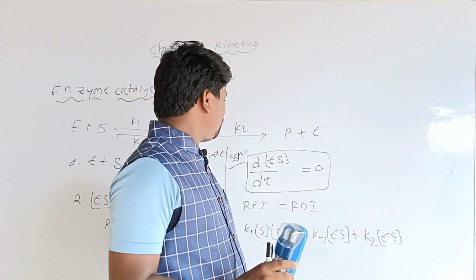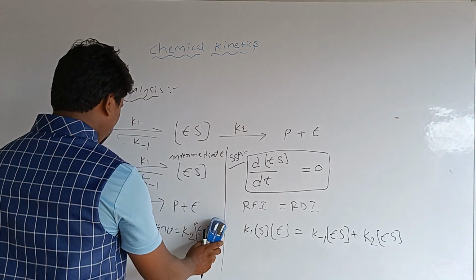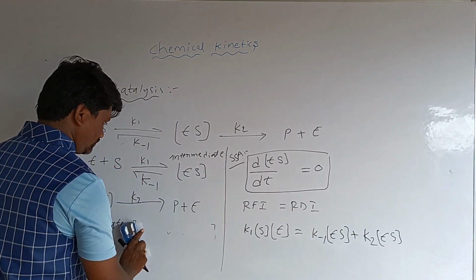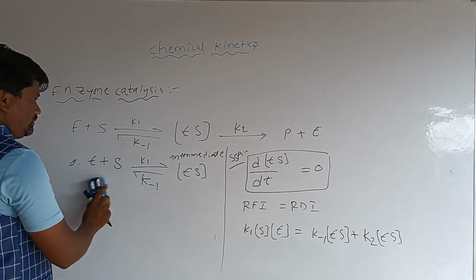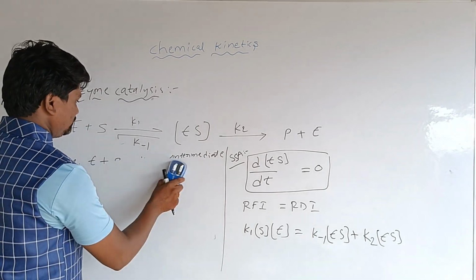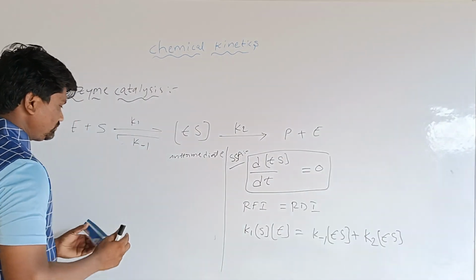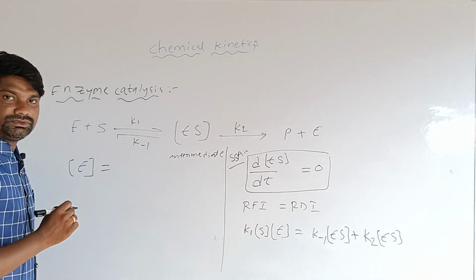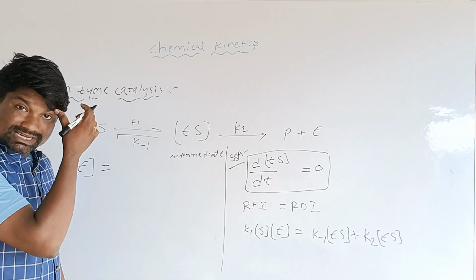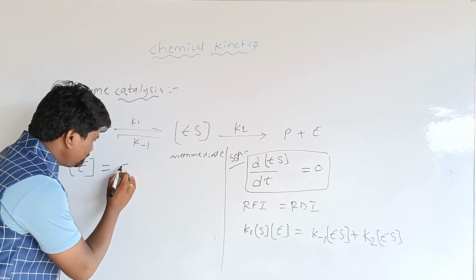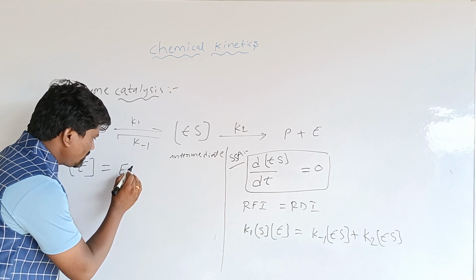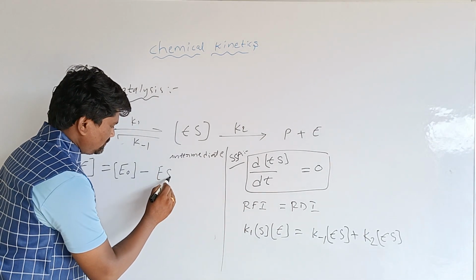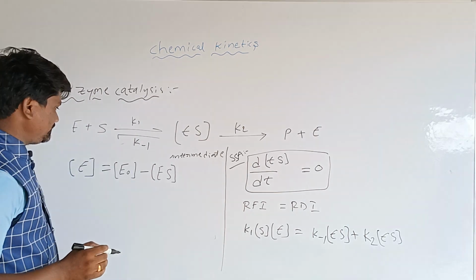Free enzyme concentration E is equal to E naught minus ES.